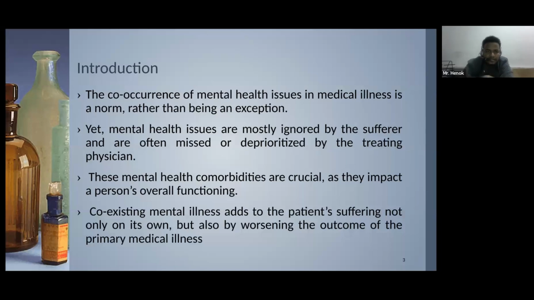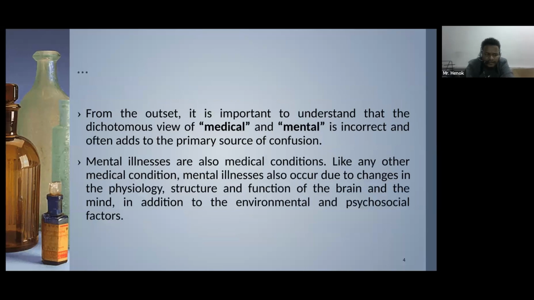One thing we should understand here, which is also my opinion, is that the dichotomous view of medical and mental is incorrect, and it often adds to the primary source of confusion. Let me tell you my own experience.